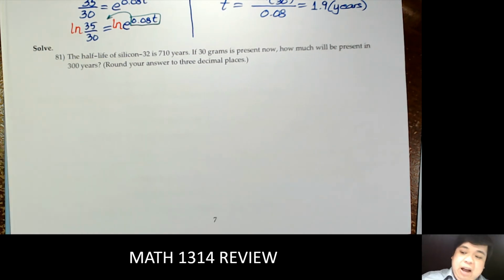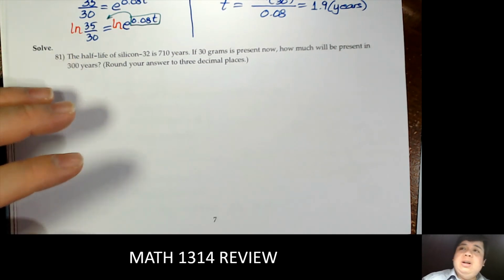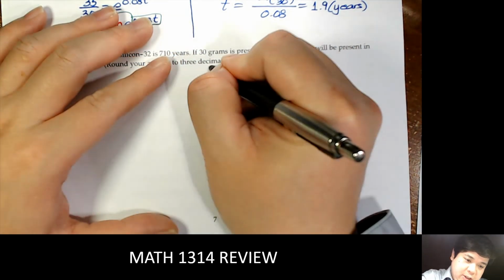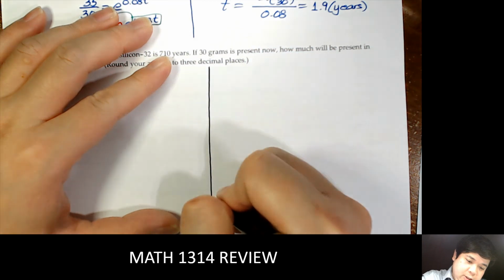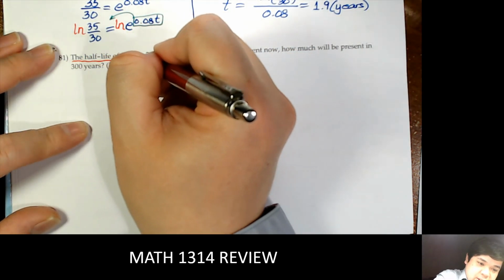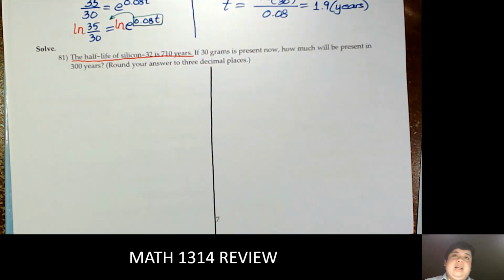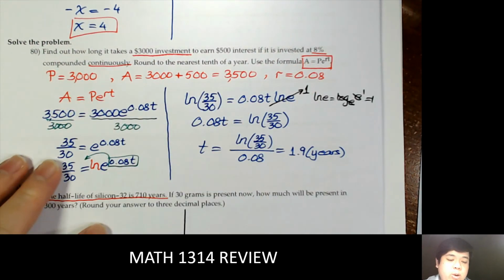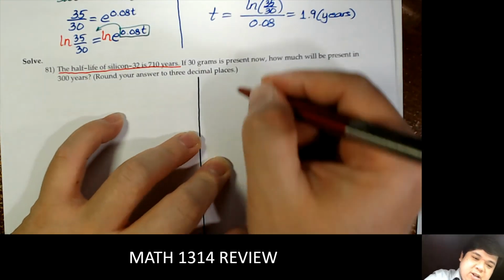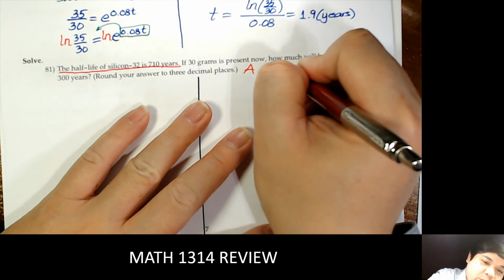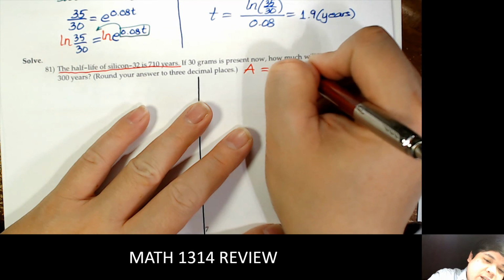Right, the half-life. So most of the half-life problems will be in two parts. So I'm going to divide this in two. The first part is the half-life is equal to 710 years. So first the formula. We can use the compound interest formula, or let's say a little bit different: the amount is equal to the original amount times e to the RT.